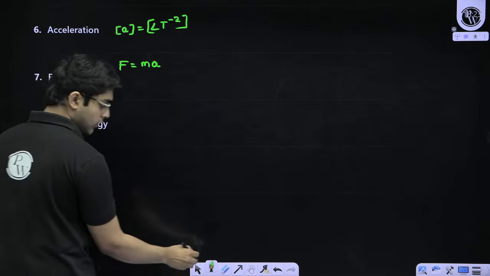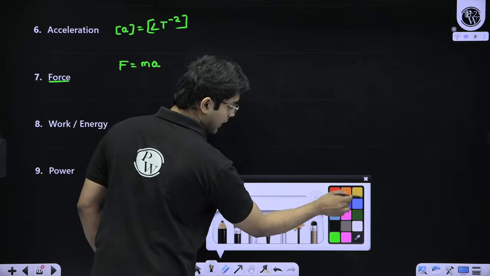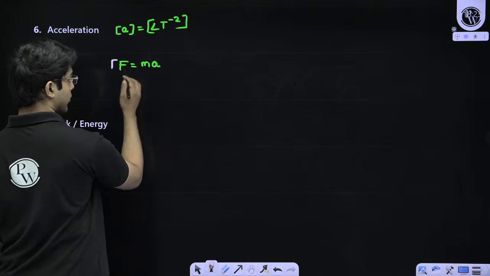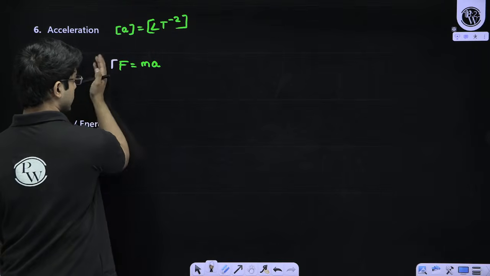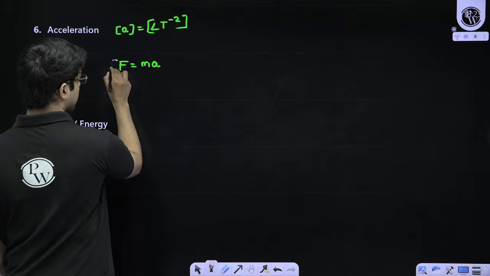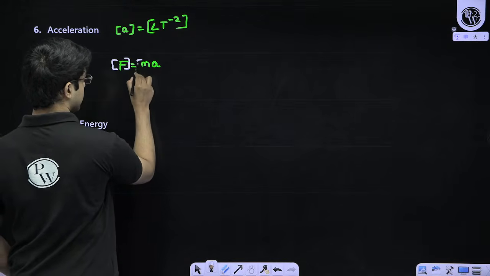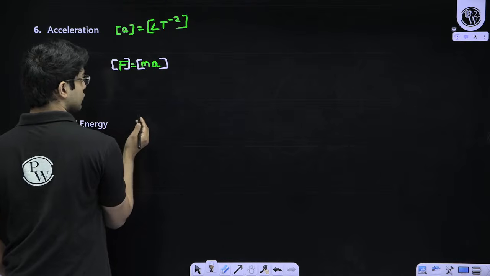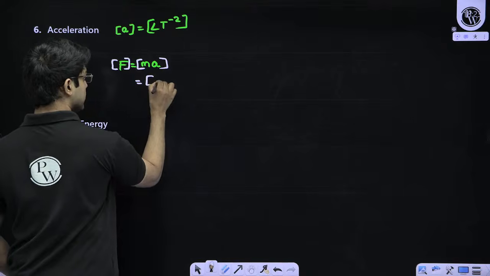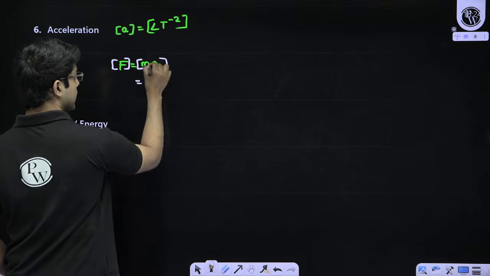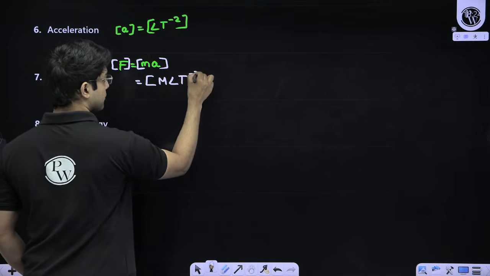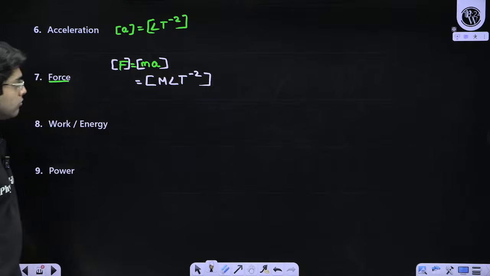So there is something known as the law of dimensional homogeneity, which means if you have any physics equation, which we cover in 11th and 12th, any physics equation you can take, the dimensions of the left side are the same as the dimensions of the right side. Okay, it has to be true always. So if you want the dimension of force, it will be the dimension of mass, which is M, into the dimension of acceleration, which is LT minus 2. So this is the dimension of force.